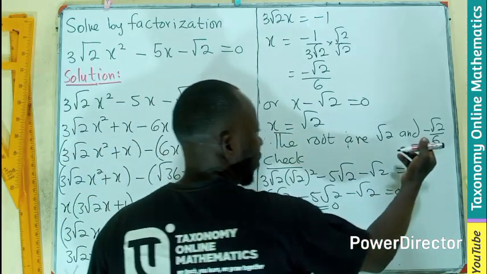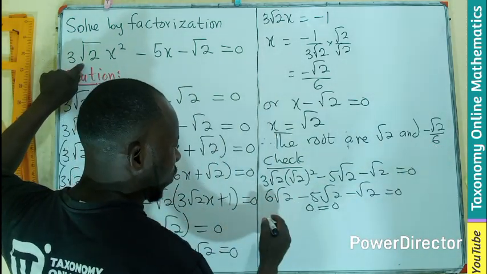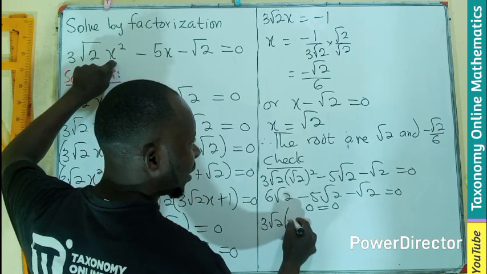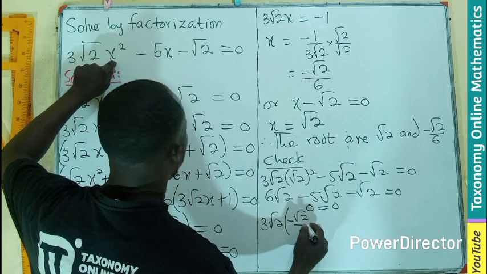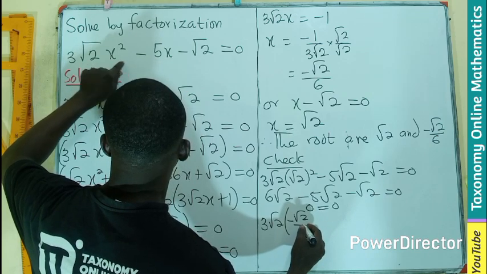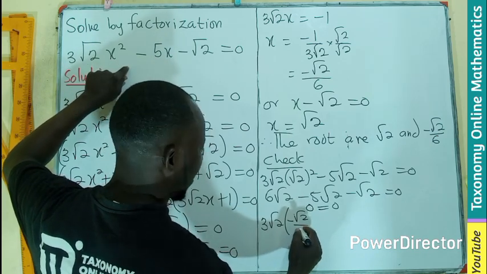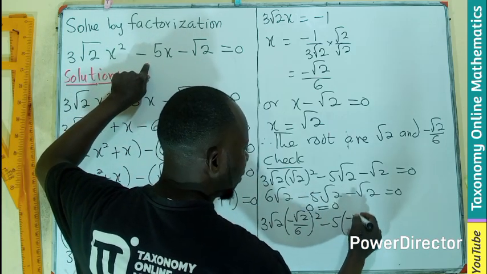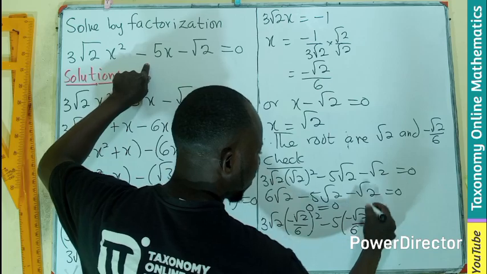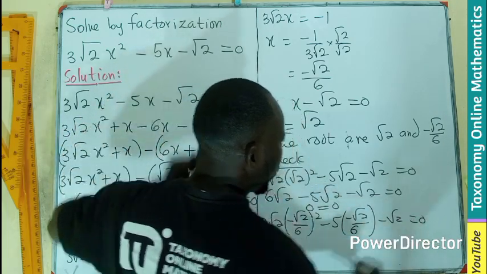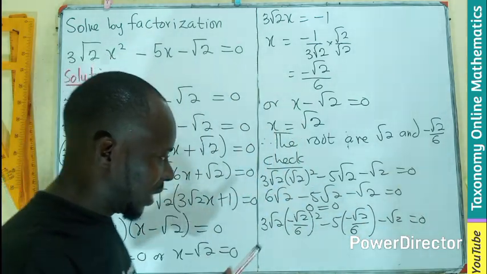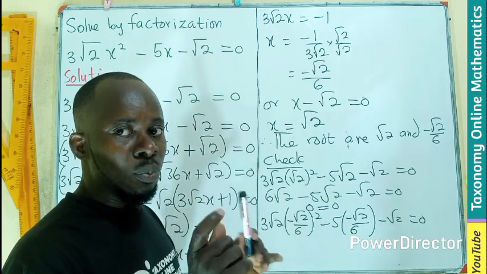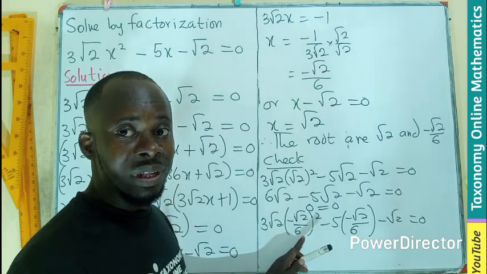Then in trying for this, we can also have 3√2 multiplying negative √2 divided by 6, all square, minus 5 negative √2 on 6 minus √2, we still get 0. What do we do? This is going to be negative √2 times negative √2. That will give you positive 2. And here it will be giving you 36.